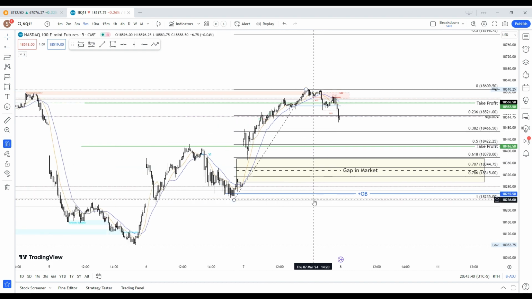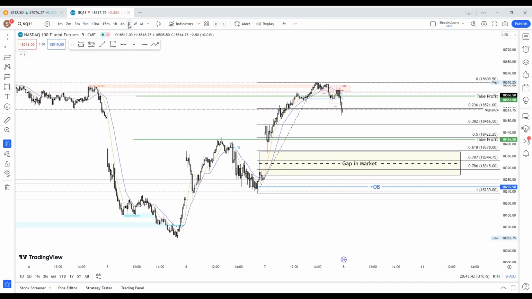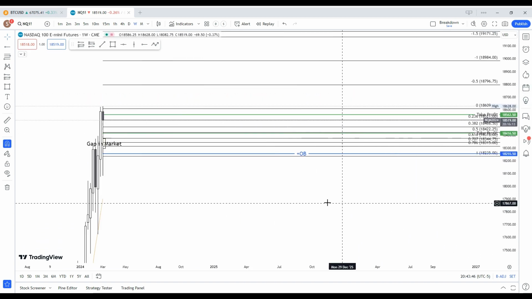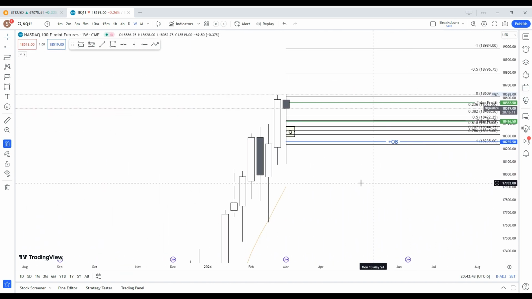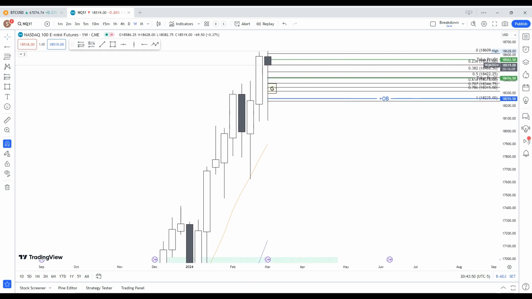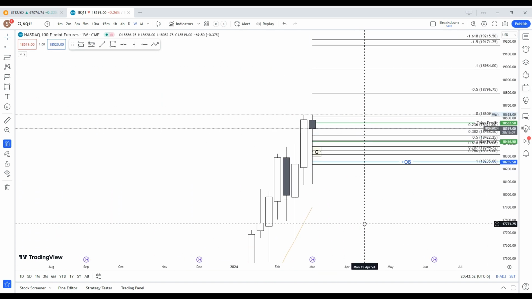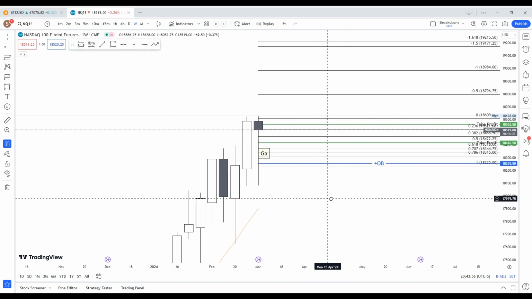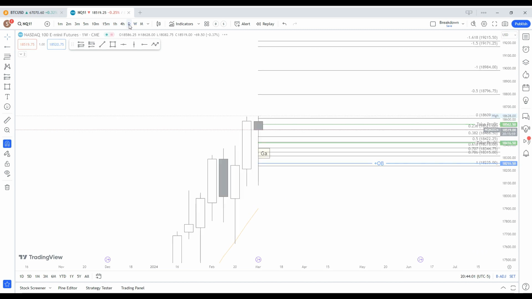So these pullback zones, I'm going to zoom out. Let's zoom out. See what we got. Weekly chart. Still bullish, still moving up. I like this. That is a nice wick for continuation. Let's go to a daily.